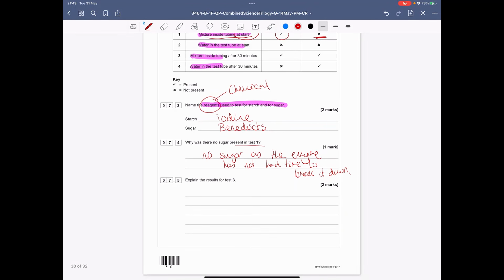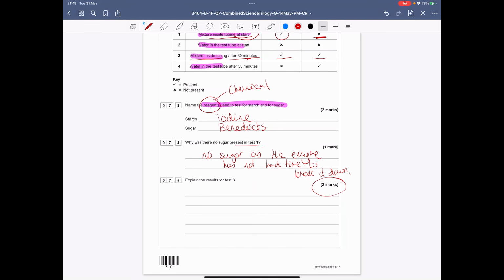Question 7.5 says, explain the results for test 3. Well, inside test 3 you've got the mixture inside the tubing after 30 minutes. So again, we're testing what's inside the tubing of starch and amylase. And after 30 minutes, 2 marks.